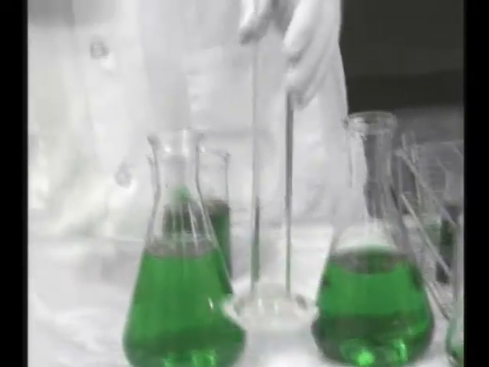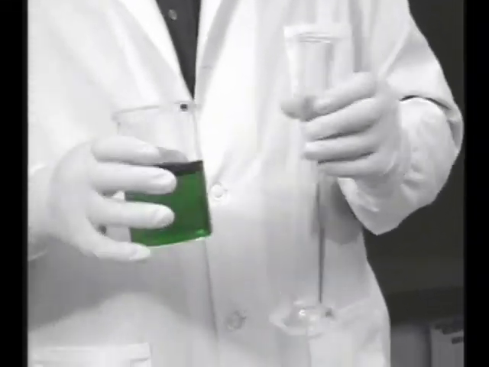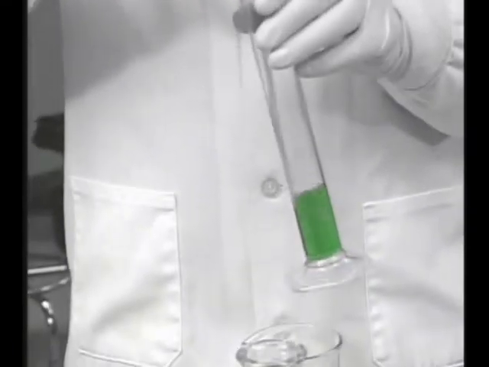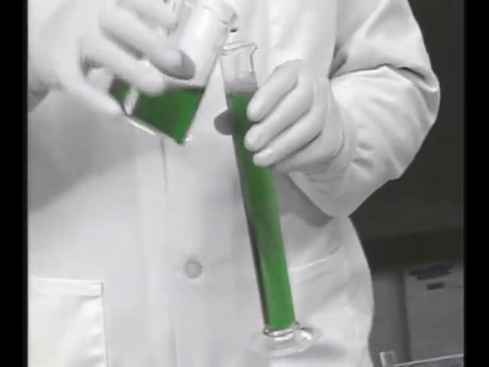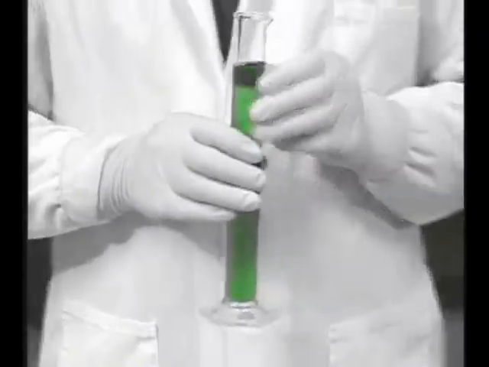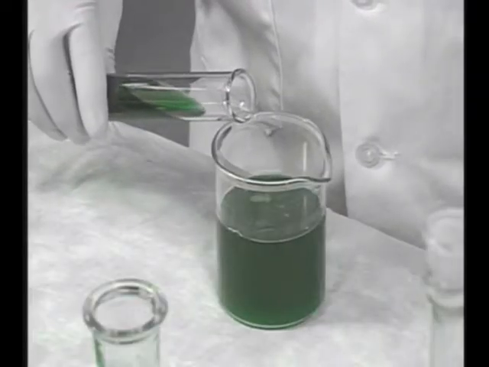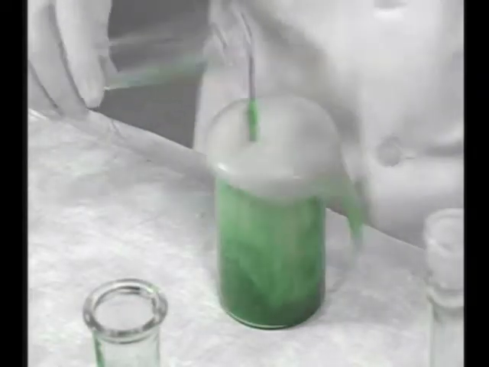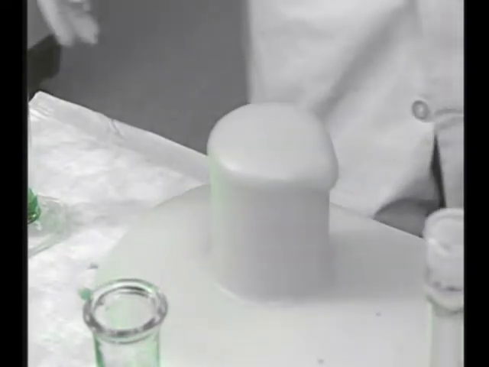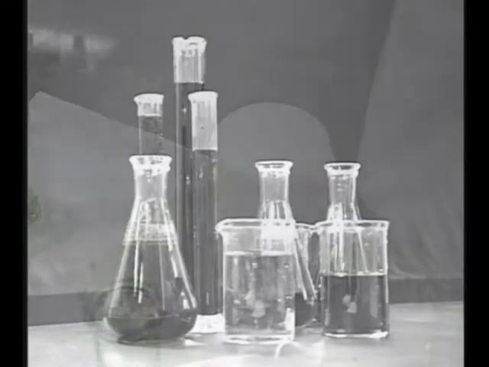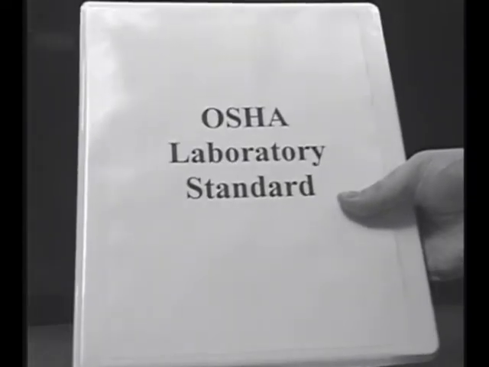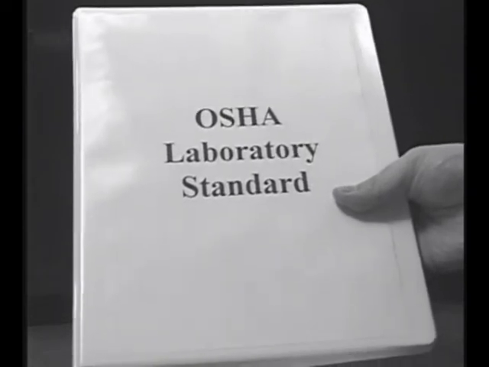There would be no way to measure them. And there would be no way to know what hazards they present, or what would happen if you combine them. This is the way you might feel in your lab if it weren't for OSHA's laboratory standard.